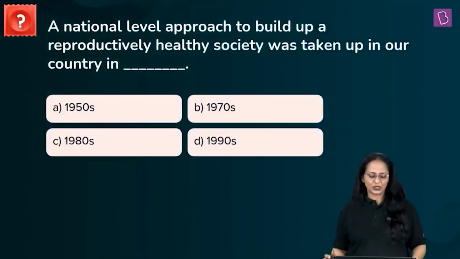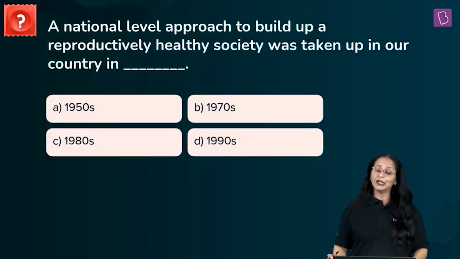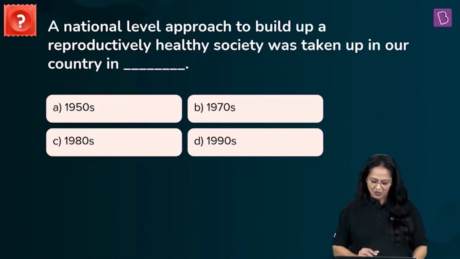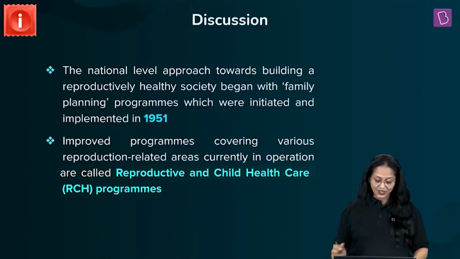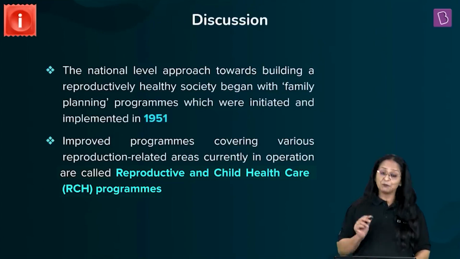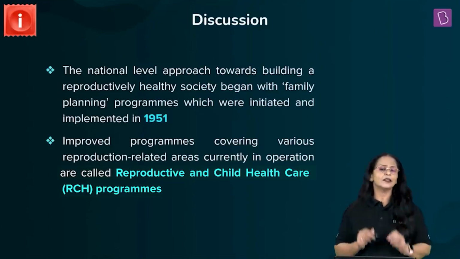A fill in the blanks question for you. A national level approach to build up a reproductively healthy society was taken up in our country in dash. So which year? A, the 1950s, B, 1970s, C, 1980s, or D, 1990s? Well, the national level approach towards building a reproductively healthy society.